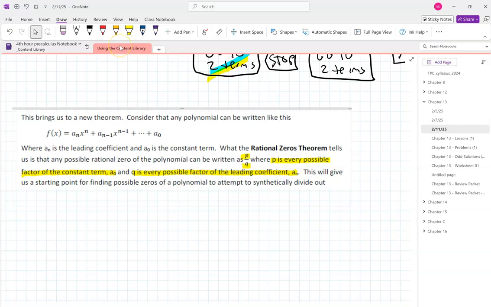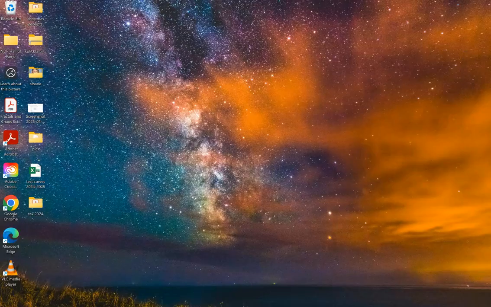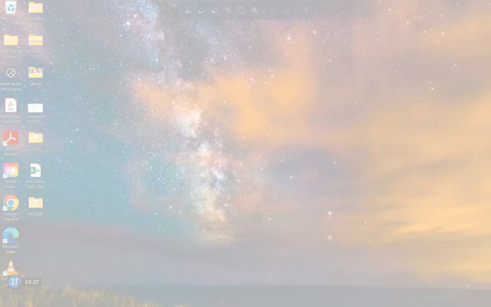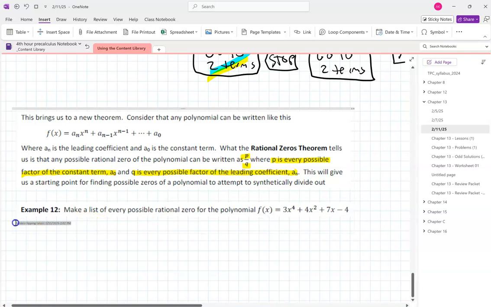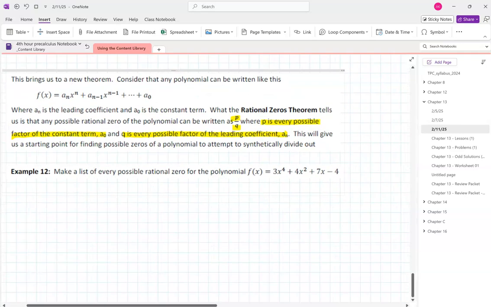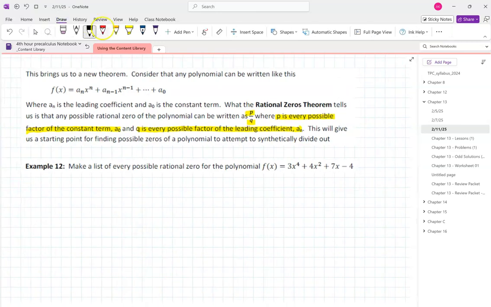So that's really nice, as it's going to allow us now to create a list of possible factors to check. And this is what my pre-calculus experience resembled when I was in school, because we did not have graphing calculators. This is how we did this type of problem.